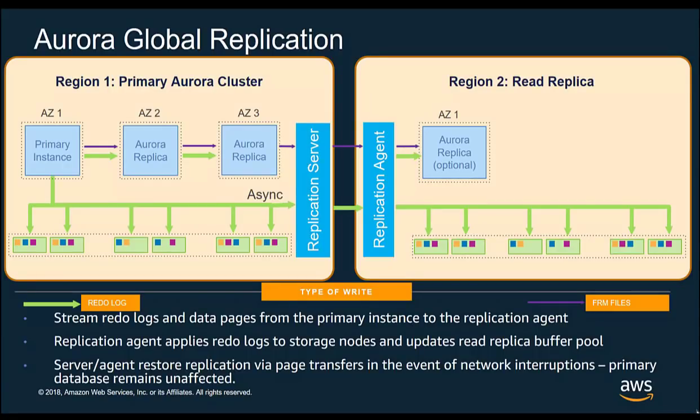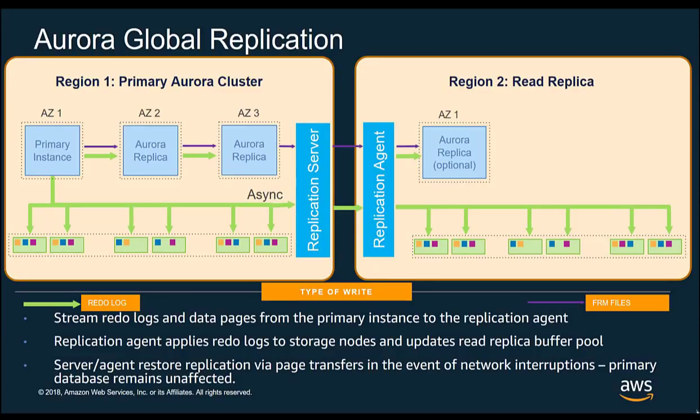And so that replication server is going to receive that same redo log record, and separately from the storage nodes that it's writing to in the primary region, it will copy those across the wire to a replication agent, which again is a highly available, highly durable endpoint in a different region. And that replication agent will then take that redo log and distribute it across the storage nodes in its own region.